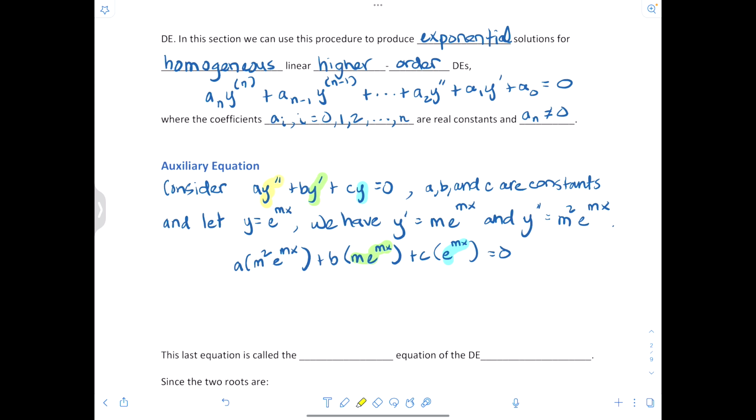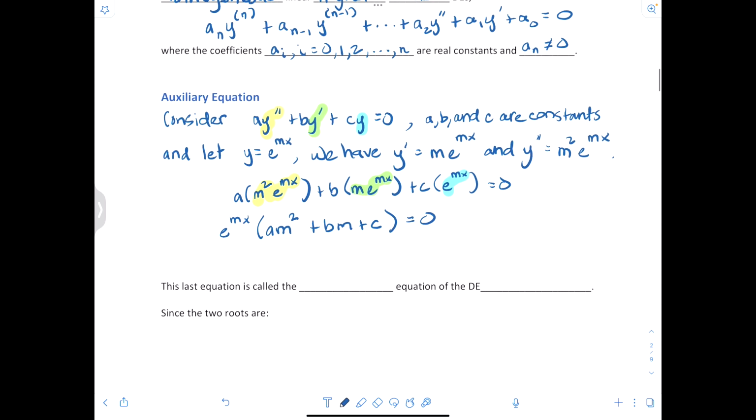Groovy? All right, so if I factor out e to the mx, we would have a times m squared plus b times m plus c as a factor, and that's all equal to 0. Well, we know that e raised to the mx is not 0, right?